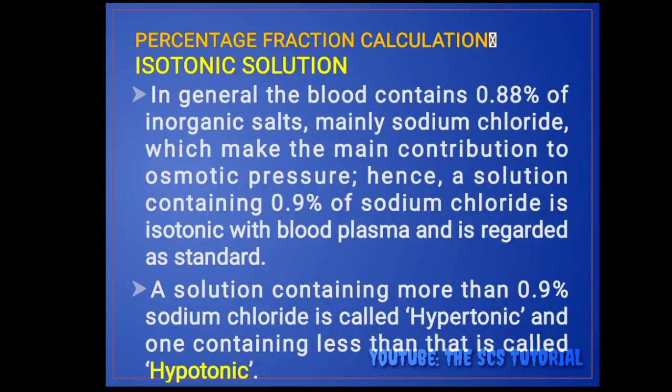A solution containing more than 0.9% sodium chloride is called hypertonic, and one containing less than 0.9% sodium chloride should be considered hypotonic, as 0.9% sodium chloride is said to be isotonic. Over or under that value, it can be considered hyper or hypotonic.